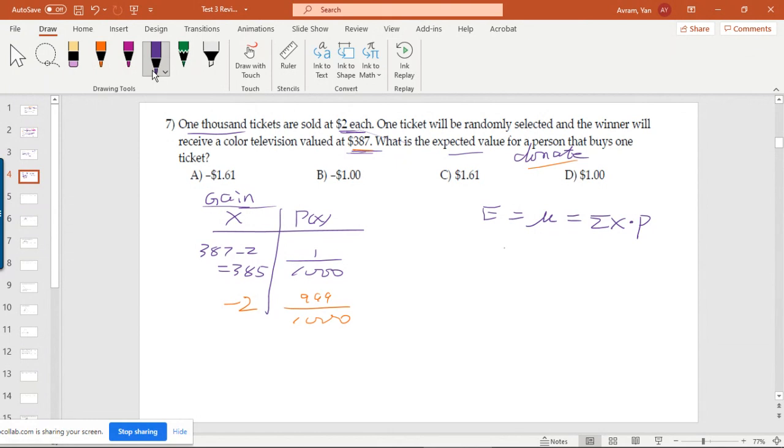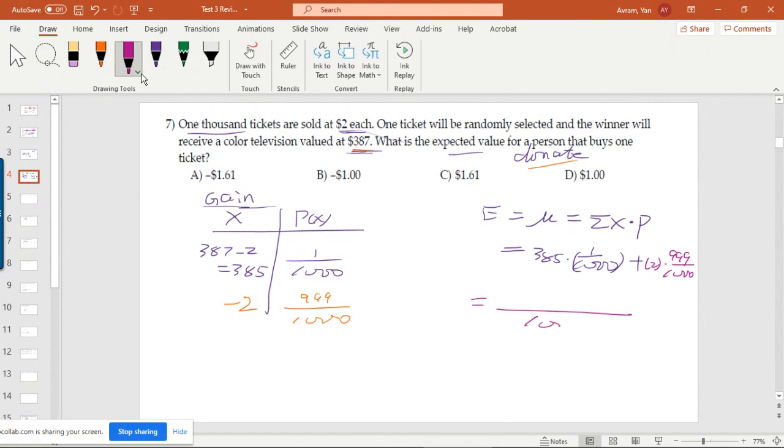Okay, so the expected value is equal to sigma x times p. We have to multiply before we add them together. So we're going to have 385 times the probability 1 out of 1,000, plus -2 times the probability 999 over 1,000.